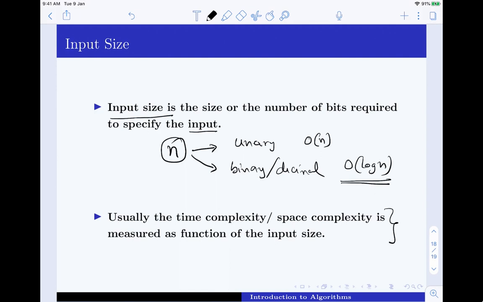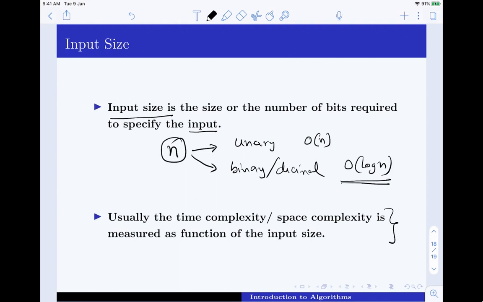So we will say something like, the algorithm's running time is polynomial in the input size, or we might just say it's polynomial. It means that it is polynomial in the input size, or polynomial in log n. In some places we will say it is linear in the input size, meaning it is a linear function of log n.